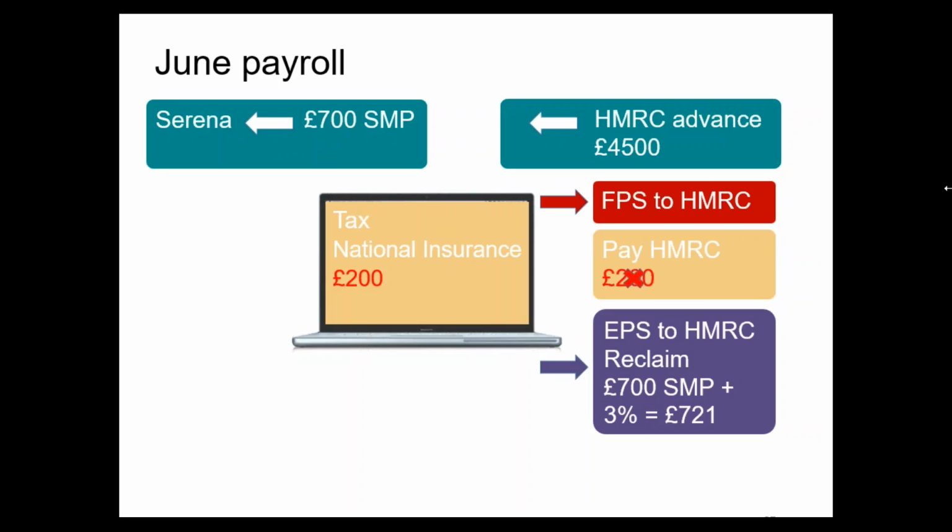Chris doesn't need to send a payment that month because the FPS and the EPS reports will show, after the £200 is taken off the £721, that the balance of SMP left to recover is £521. Based on the report, HMRC will deduct £521 from the record of what Chris owes from the advanced payment.